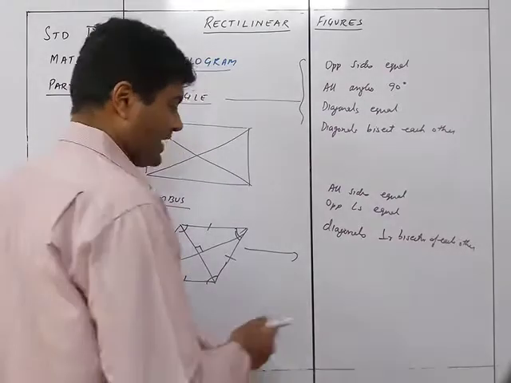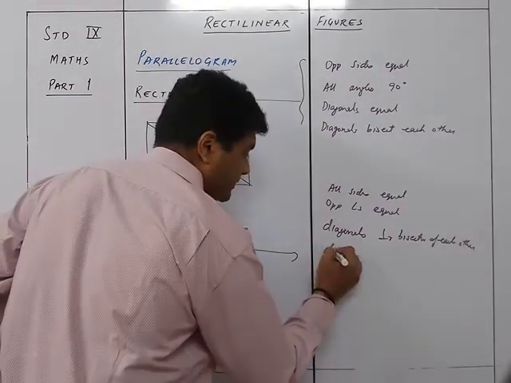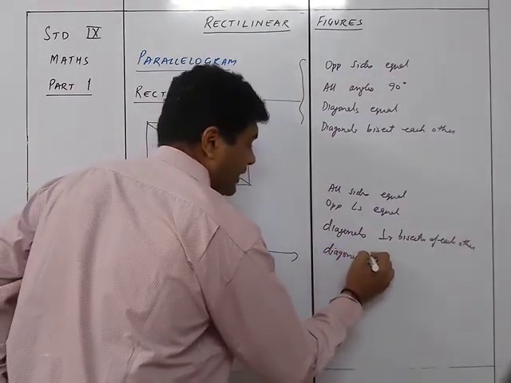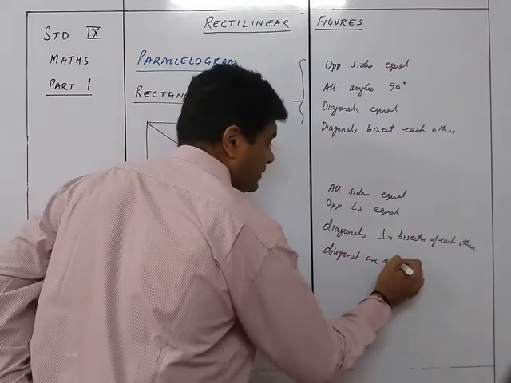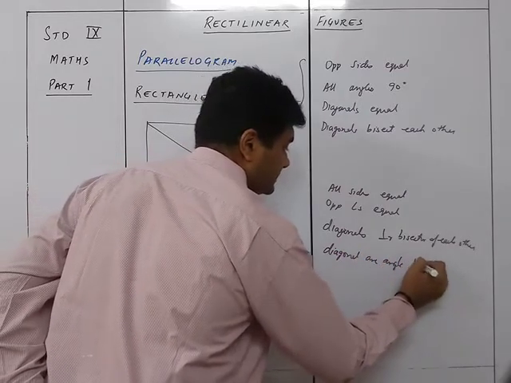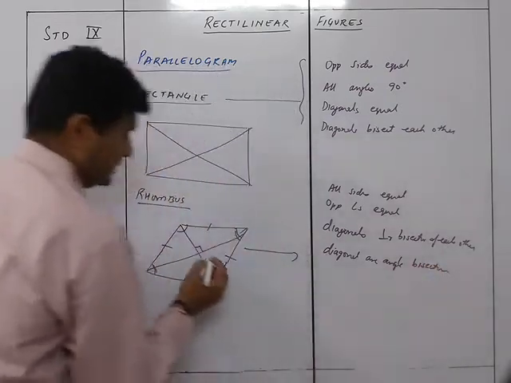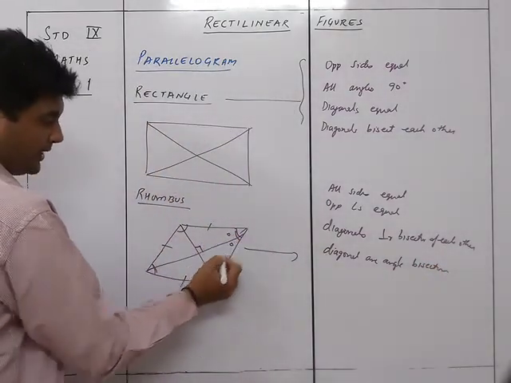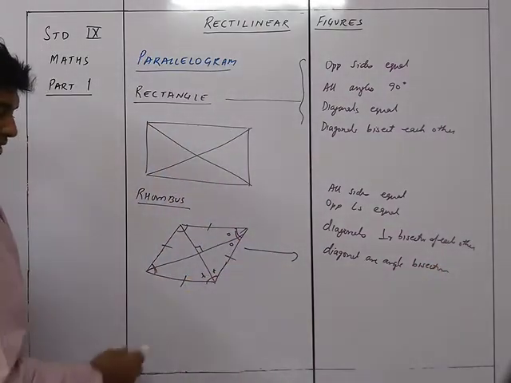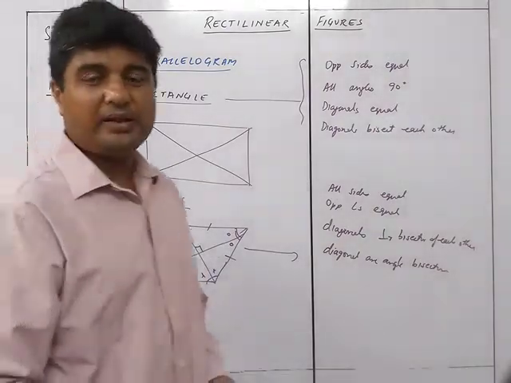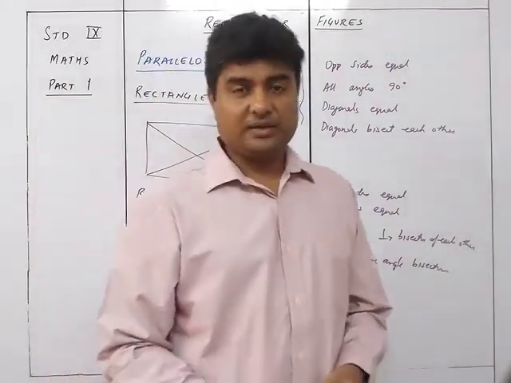So diagonals are also angle bisectors. So this angle will be divided into two equal parts, this angle will be divided into two equal parts. So that is how the diagonals will be angle bisectors.